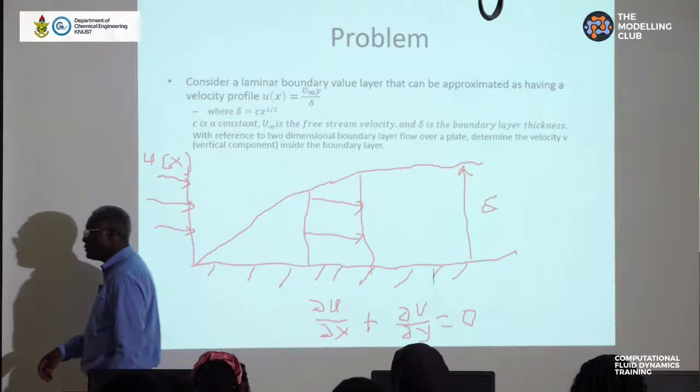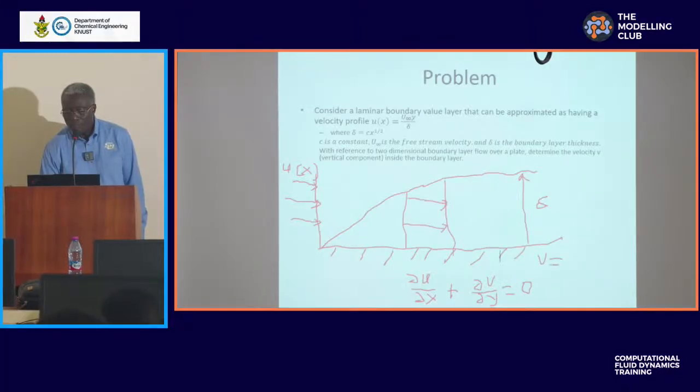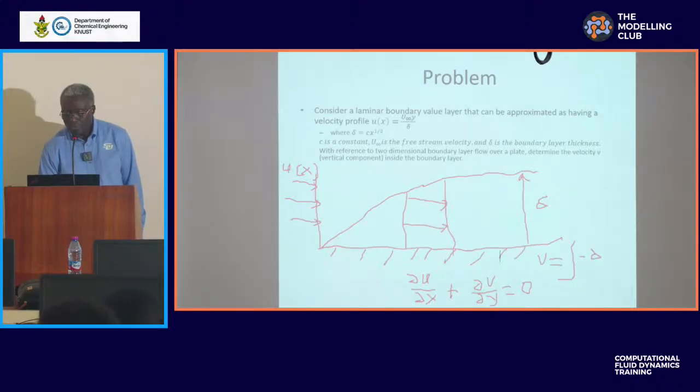So v is equal to the integral of minus du dx times dy.